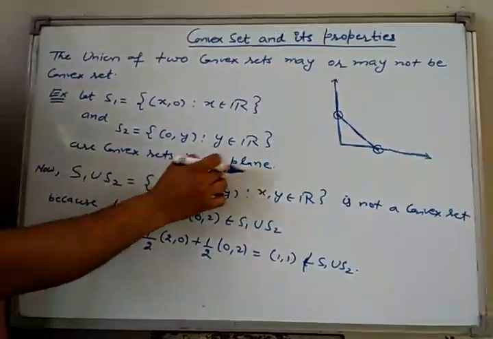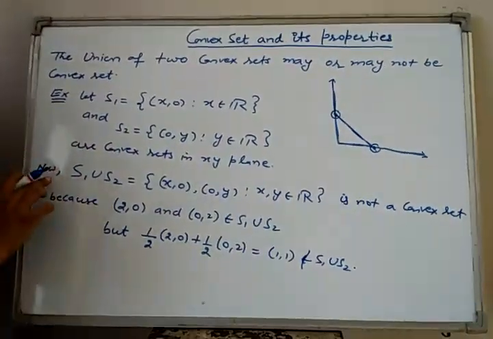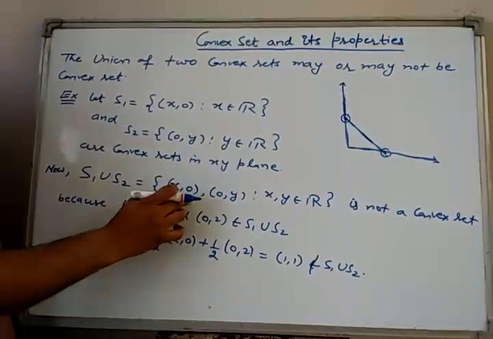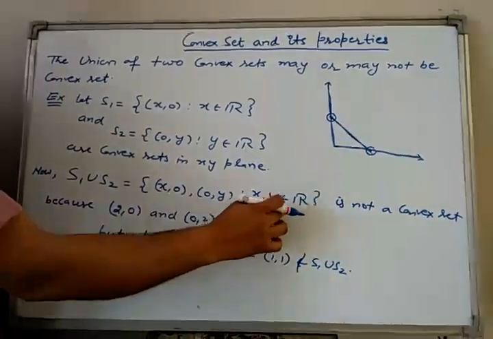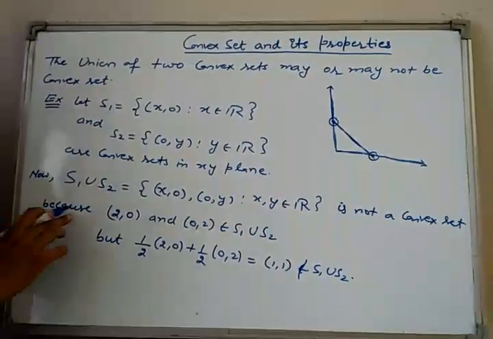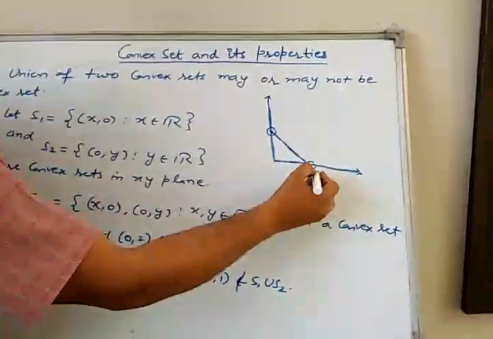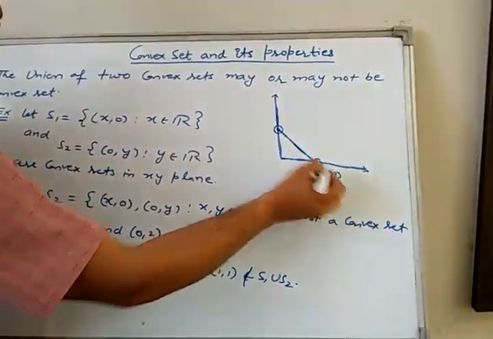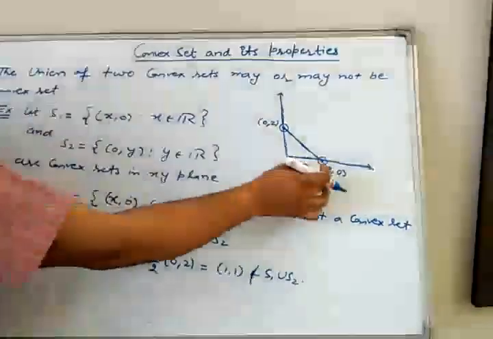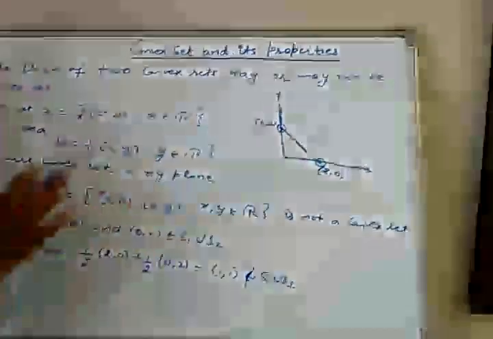These both are convex sets in the xy plane. Now take their union. S1 union S2 is {(x, 0), (0, y)} such that x, y belong to R. This is not a convex set, as I take the point (2, 0) and the point (0, 2). Now we find the CLC of these points.